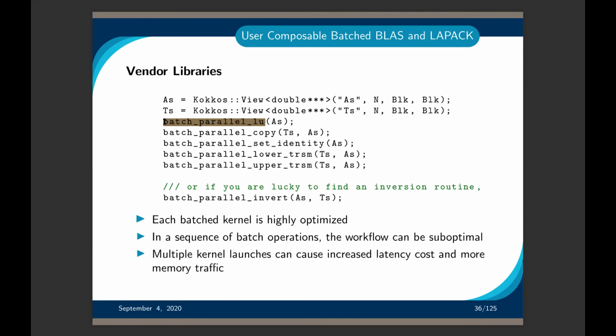But in the sequence of batch operations, this workflow may not be optimal. If you want an optimized version of inverting the matrix, you need to request it from the vendors: I need this function, please provide this. And if you are lucky, maybe you can find this kind of function and you don't have to do the fusing, because this is probably the most optimal way to use the vendor library.